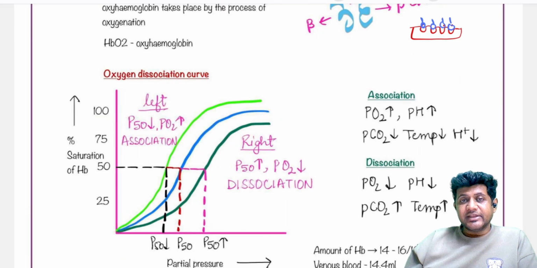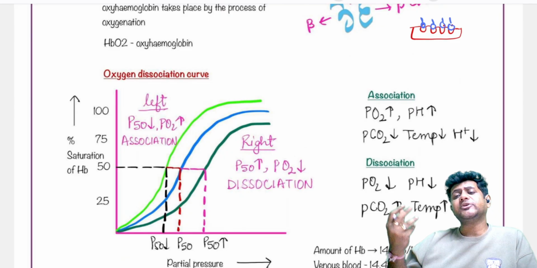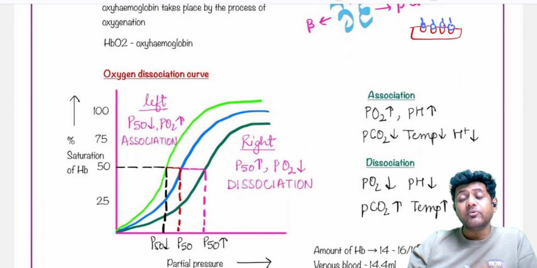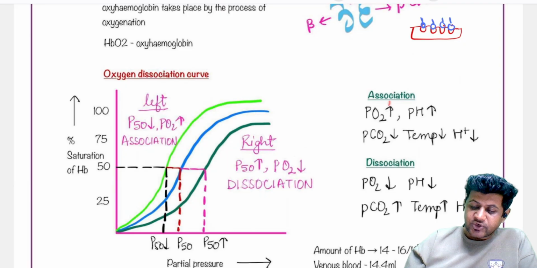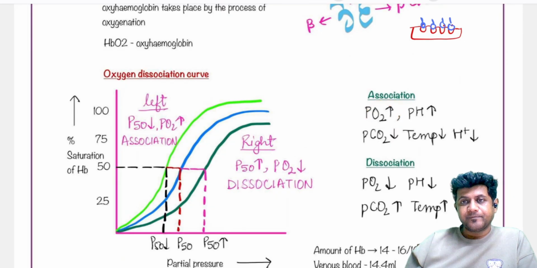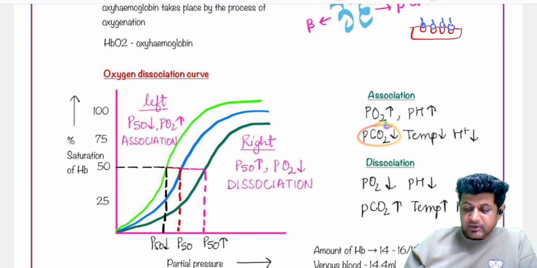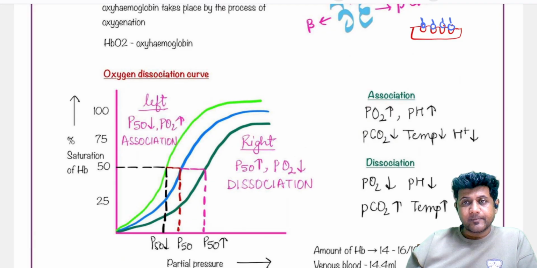This is called the oxygen dissociation curve. Now, if a hemoglobin has to bind to oxygen, the concentration of oxygen has to be very, very high, and the concentration of carbon dioxide has to be low.